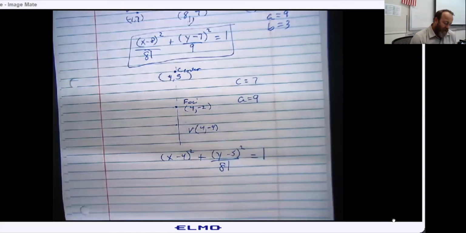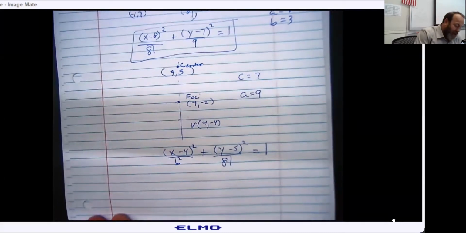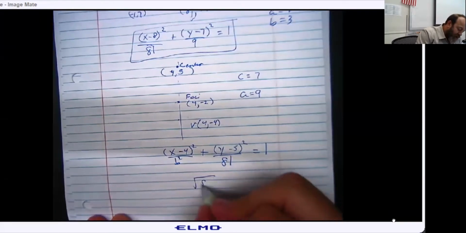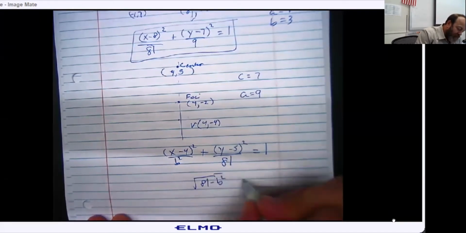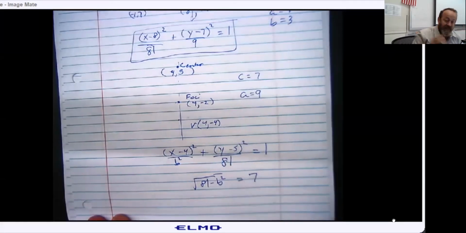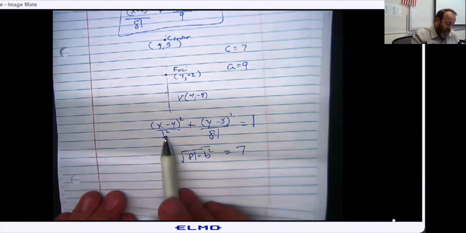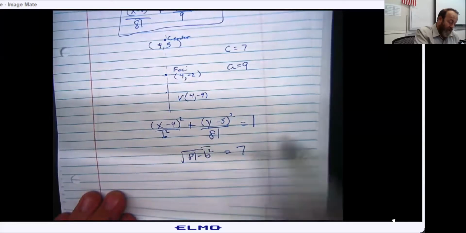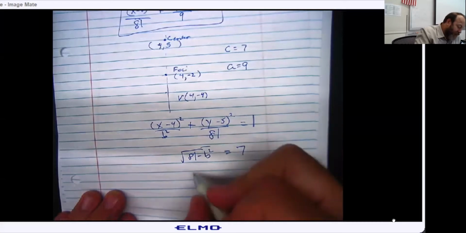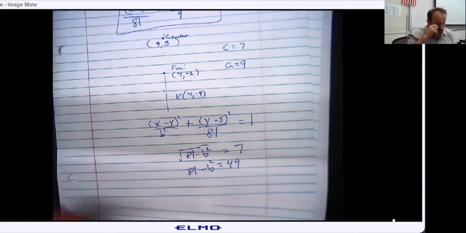But the last part of this is a little bit interesting, that somehow I have to figure out what that is. But if I took root 81 minus b squared, the big one minus the little one, I'm supposed to get the number 7, because that's just kind of how that works. You take this one minus this one and square root it, and you're going to get that value of c. So I personally would go ahead and just square both sides so I wouldn't have to deal with that.